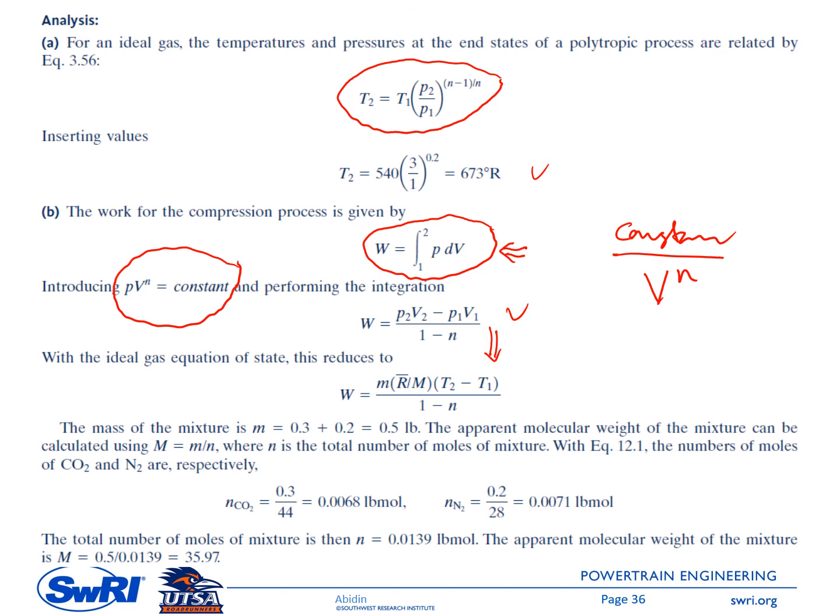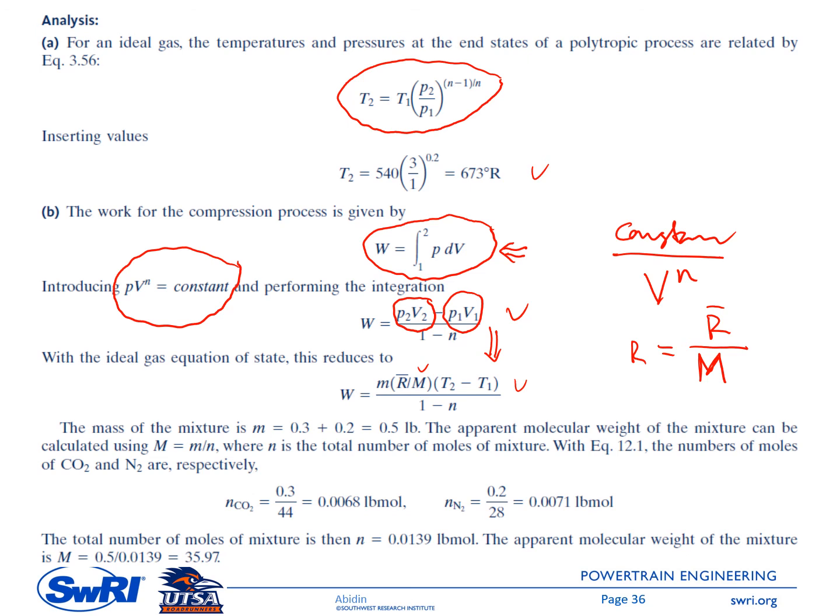M is the mass and R is the gas constant. This R equals R with upper bar over the molecular weight. So if we replace P2 V2 by m times R bar over M, capital M, times T2, and similarly replace P1 V1 by m times R times T1, we'll have this formula.